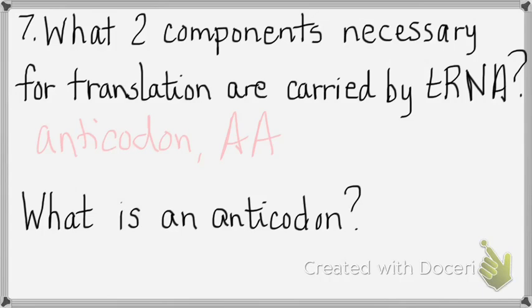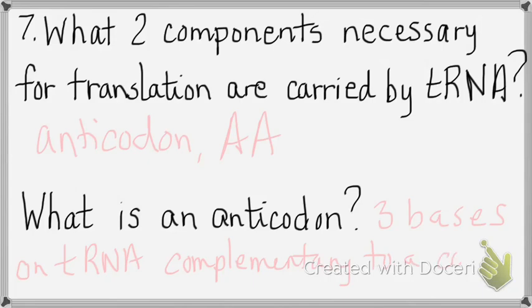Now everybody knows what an anticodon is, but I'm going to put it in words for you. An anticodon is 3 bases on tRNA, complementary, not the same as, but complementary to a codon. That's why it's called an anticodon.